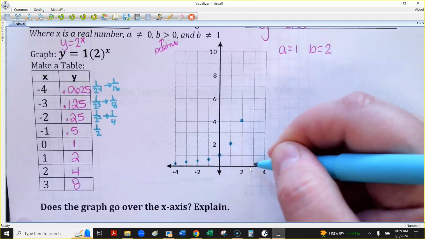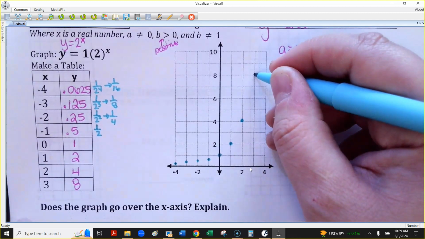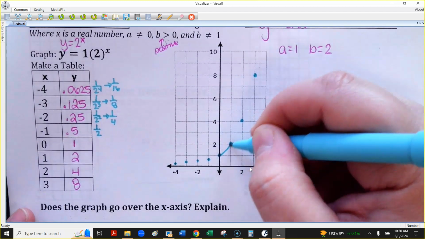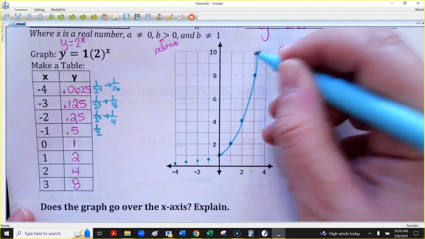And this will give you a general shape. Okay, I want to add, on this side, this is just going to go up super quickly.